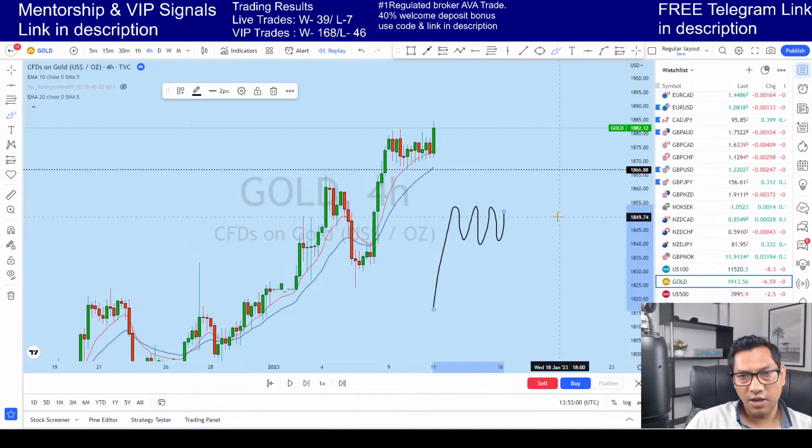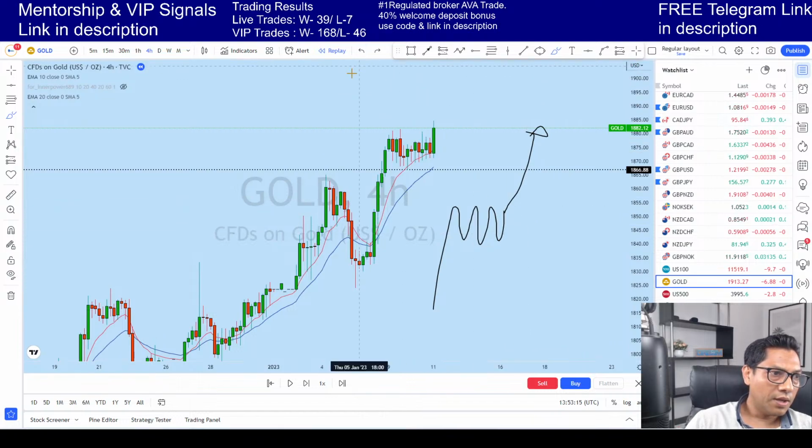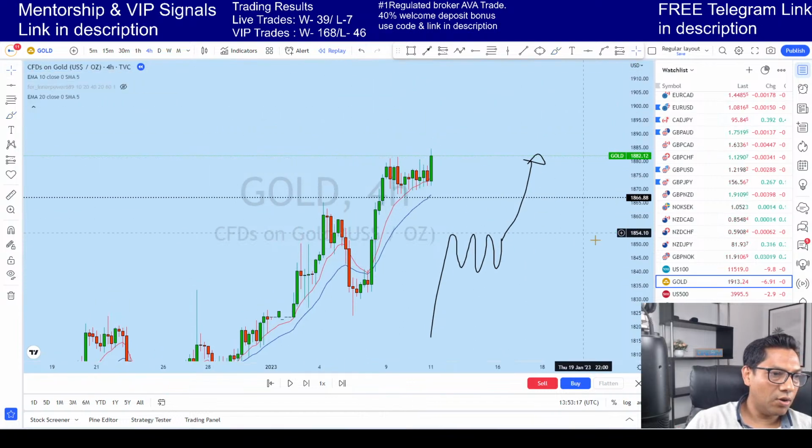This is a bullish price action. When you see this kind of price action, you can expect the price to continue to go up. At the same time, you can expect it to grab liquidity from the bottom.